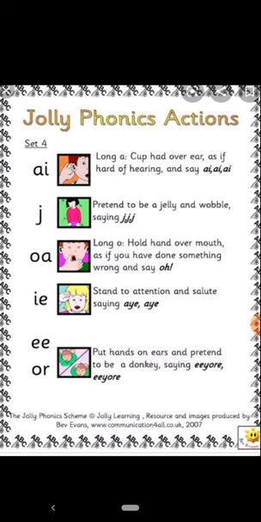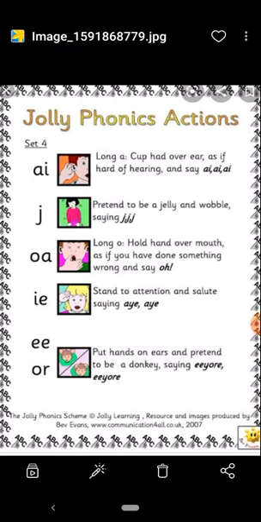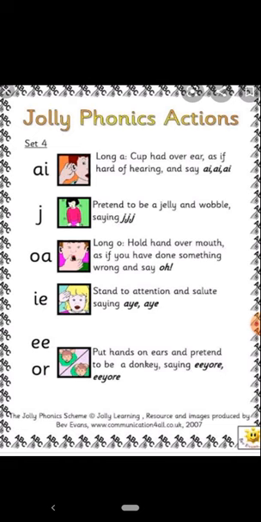So set 4 is made up of digraphs, as you can see, two letters making one sound. The first sound we have here is ai. Remember the method we said we'll use to learn it. For vowel digraphs, two vowel letters coming together to make one sound, if you want to teach it, you might say when two vowels go together, the first one does the talking.